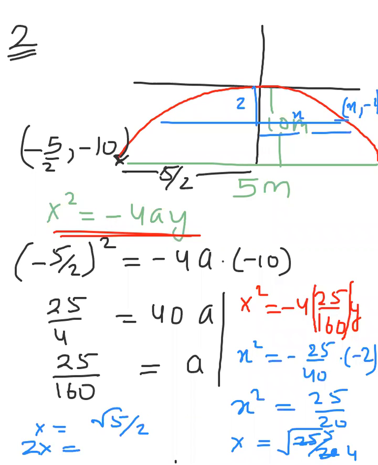So 2x will be 2 under root 5 by 2. That will be the width of the parabola at this point. At 2 meters from the origin, the width of the parabola will be under root 5 units or meter. Unit is given, so it will be this much meter.